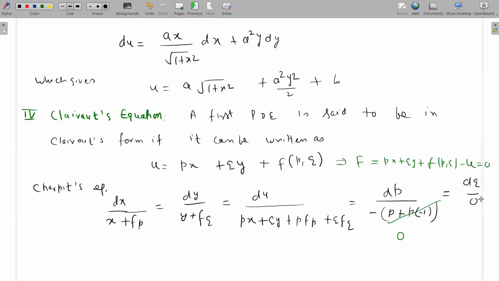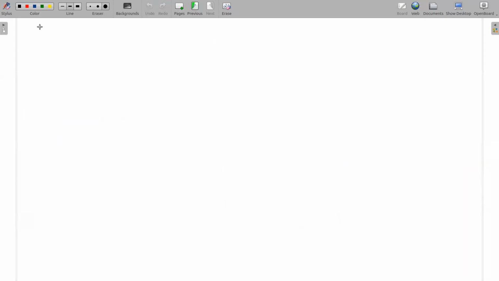So dp equals 0, p constant, dq equals 0, q constant. So you got p constant and q constant. So the solution is, replace p with constant and q with constant.